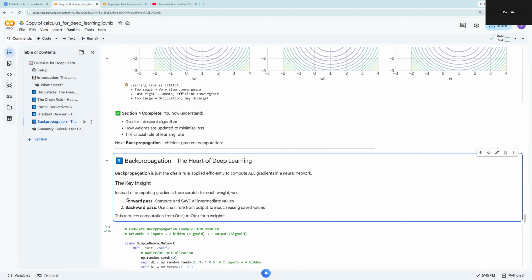Starting from the output, we go backward one step and adjust the weights. Then we propagate that to the previous layer and adjust the weights, and so on and so forth. We do this for multiple iterations until the entire network, all the weights, are optimized.